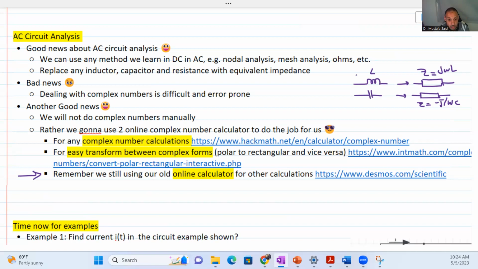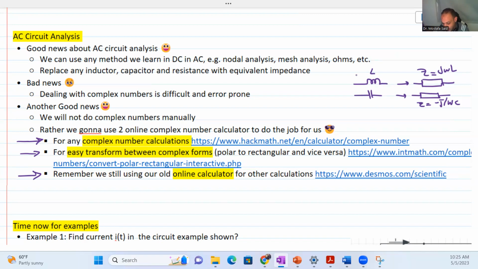And now there are two other websites. The most important one is this one here, which does the complex number calculations for you, whether addition, multiplication, division, whatever. It will do it very fast, so you will not waste any time. And to convert between polar and rectangular form and vice versa, this website here will do it for you as well. By the way, you can also convert in the first website, but I usually use the second website.